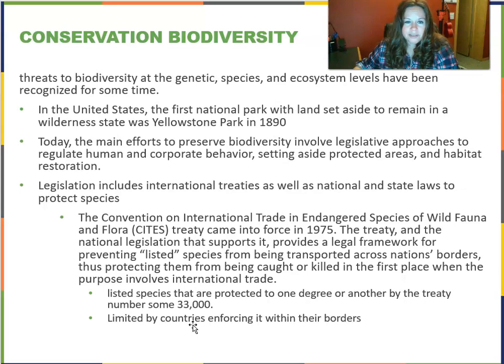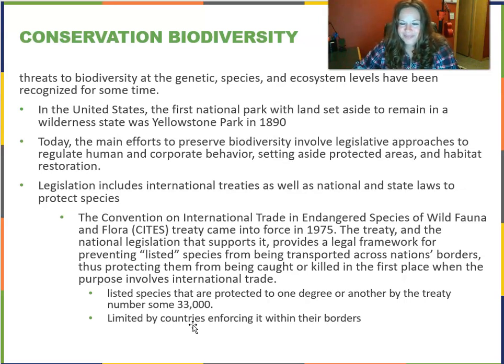So there is an area of ecology called conservation biology as well. Threats to biodiversity at the genetic, species, and ecosystem levels have been recognized for some time. In the U.S., the first national park with land set aside to remain in a wilderness state was Yellowstone Park in 1890, that long ago.